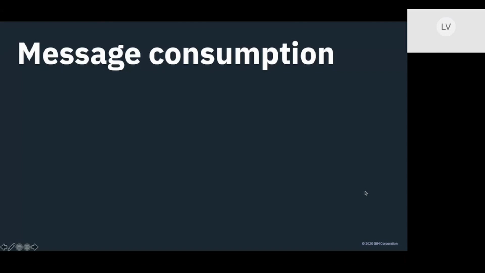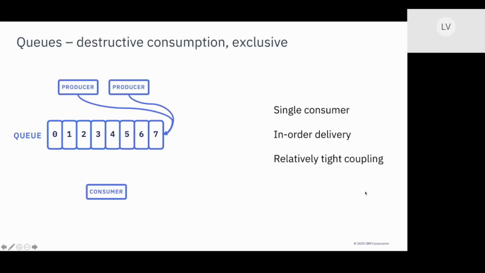So, in the queue, once the message is consumed by the consumer, it will be removed from the queue. That's the way to do this. That's why if you send a message and you have a commit from the consumer, then this information is lost for the queue manager.